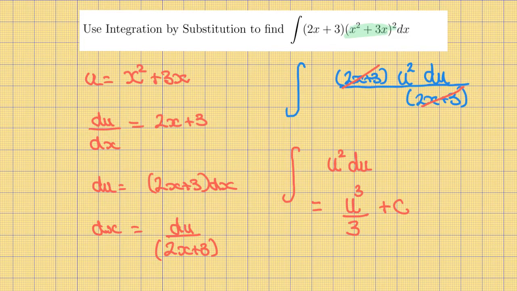So therefore the integral is x squared plus 3x to the power of 3 divided by 3 plus c.